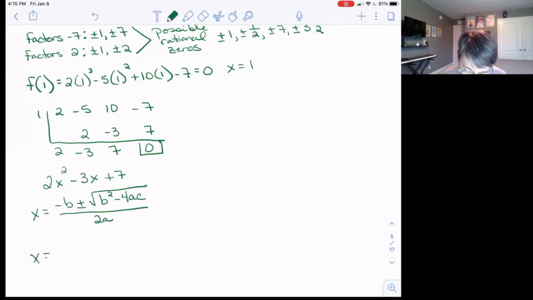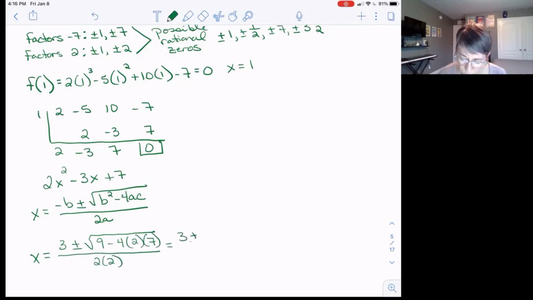So when we plug this in, we get the opposite of -3, which is 3, plus or minus the square root of our -3 squared, which is 9, minus 4 times our 2 times our 7, all over 2 times our 2.